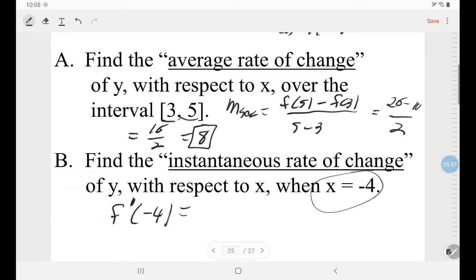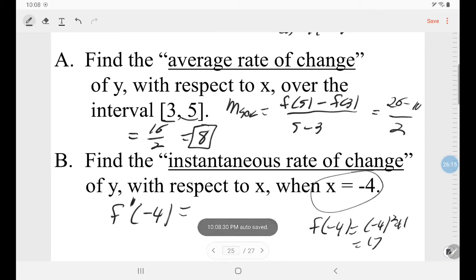It's kind of your choice. So I will need to know a y value for that, so I am going to take f of -4, which is -4 squared plus 1. 16 plus 1 is 17. So in other words, this equation right here is going to have the coordinates of -4, 17. So this is x initial.